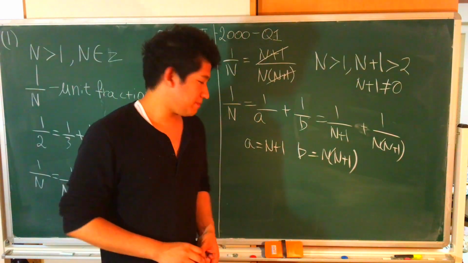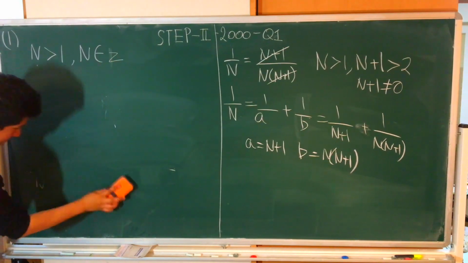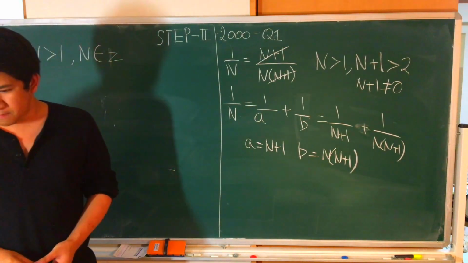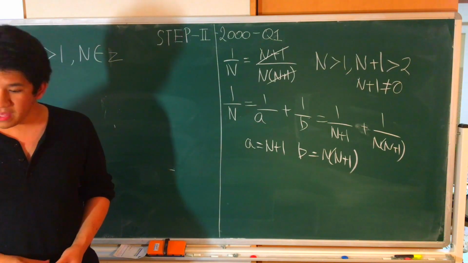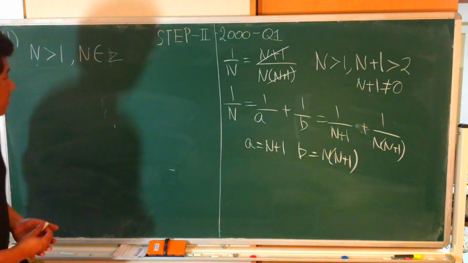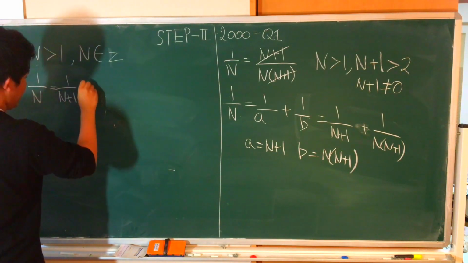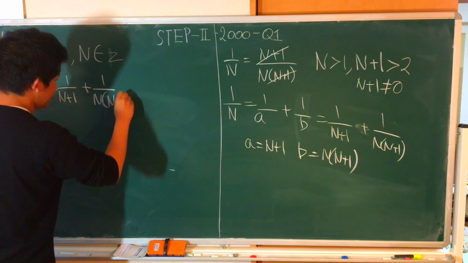Okay, so let's move on to the next part. Hence prove that any unit fraction can be expressed as the sum of two distinct unit fractions. Now we worked out earlier that 1 by n equals 1 by n plus 1 plus 1 by n times n plus 1.